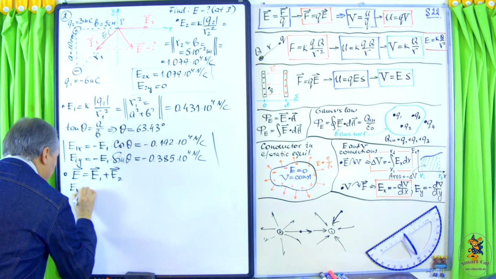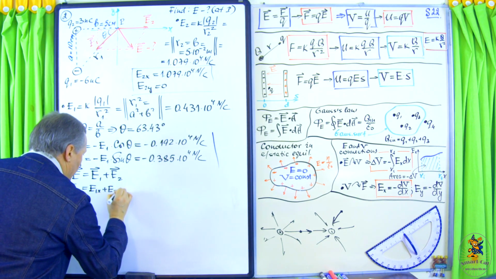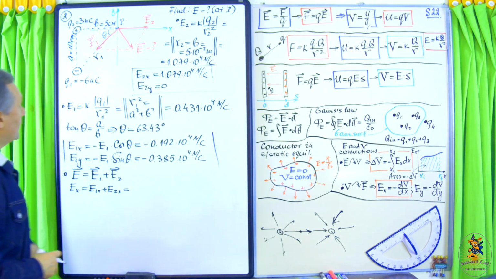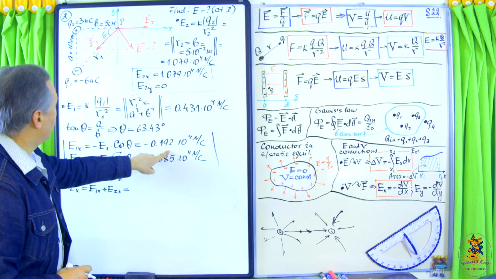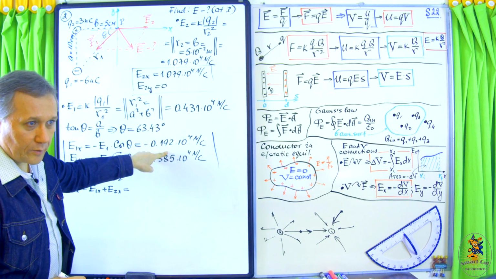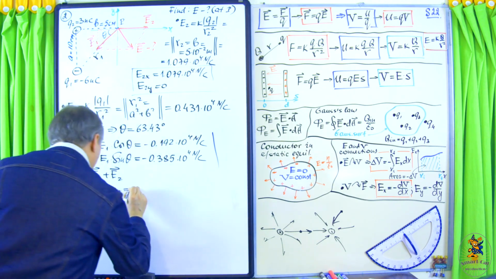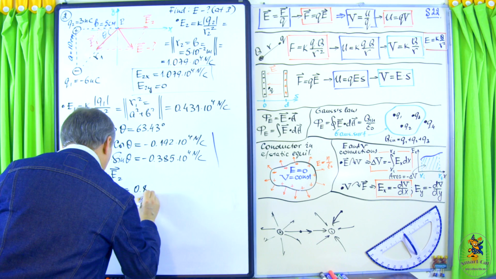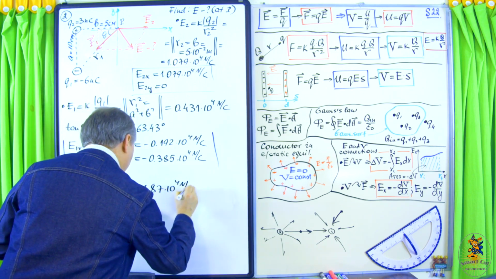So Ex will be E1x plus E2x. Here and there, positive, negative, I'm not going to subtract. I will just use my notes, right? So it will be positive 0.887 times 10 to the power of 4 newtons per coulomb.